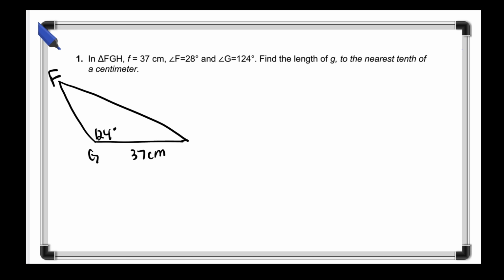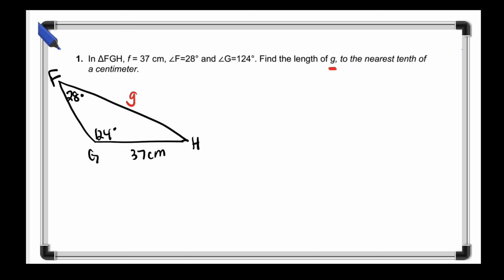And then angle F is 28 degrees. And that also means that this angle is going to be H. So FGH. You want to find the length of side G, that's our little g here, to the nearest tenth of a centimeter.